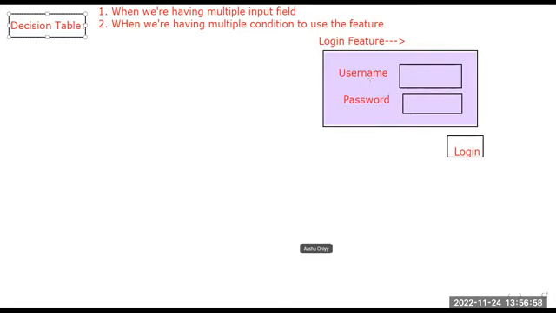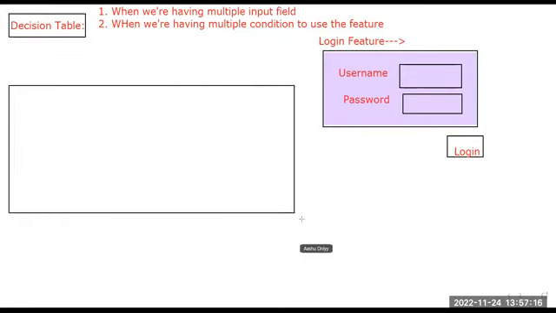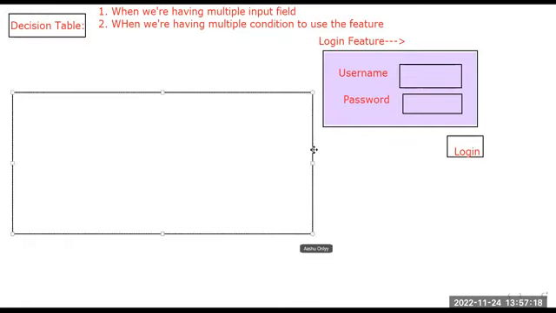As a QA you want to prepare all the possible combinations of this login functionality. To derive the test scenarios, you can think about the decision table. We are going to prepare a proper table, where we will have some input details.